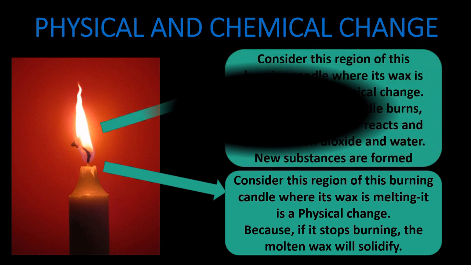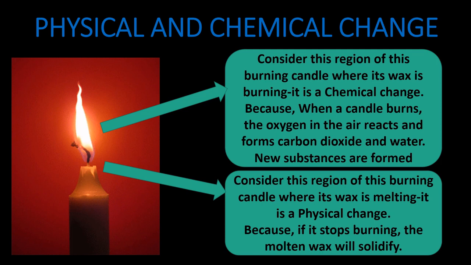Consider this region of the flame, where the wax is burning. It is a chemical change, because when a candle burns, the oxygen in the air reacts and forms carbon dioxide and water. Here, new substances are formed.